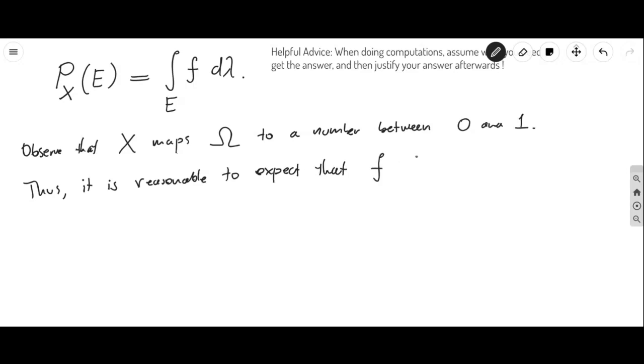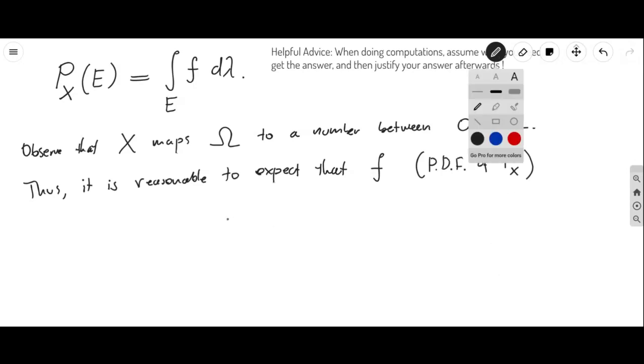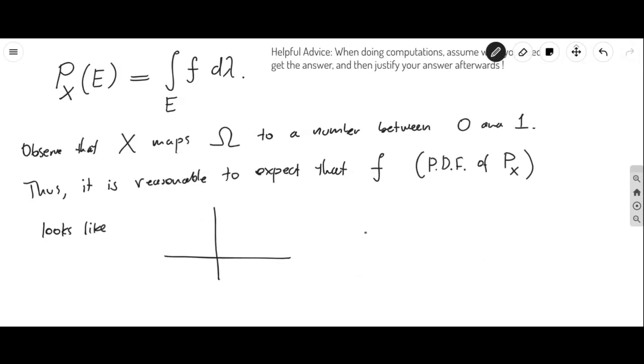that this function f, which is called the probability density function of the distribution, looks like this. It's a function on the real line, and we expect that it should be 0 here, this is 1, and it should be 0 over here.